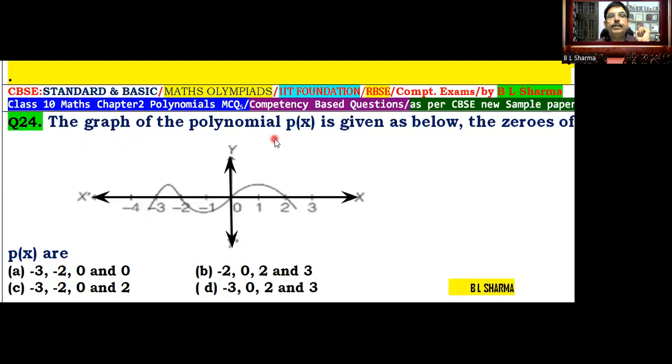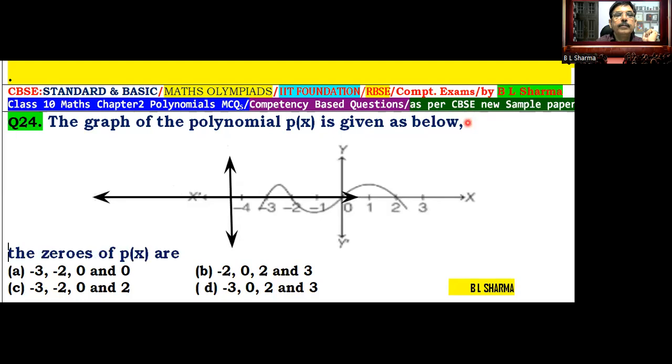The graph of the polynomial p(x) is given as below. The zeros of the polynomial are, ये जो हमारा ग्राफ है, ये दे रखा है हमें. और मैं थोड़ा इसको ढंग से बना देता हूं. दैट इज x एक्सिस, सॉरी y एक्सिस, एंड दिस इज x एक्सिस.